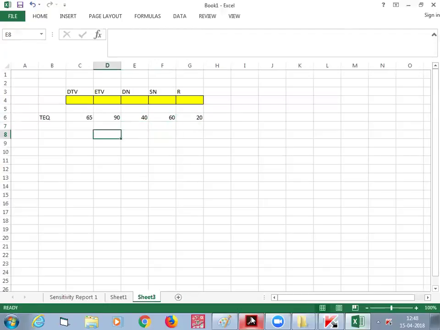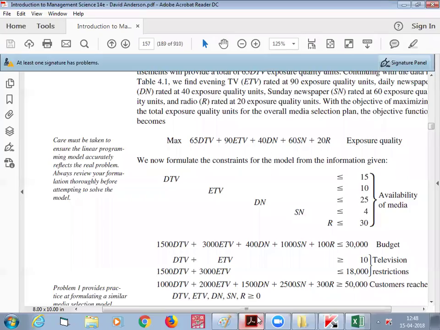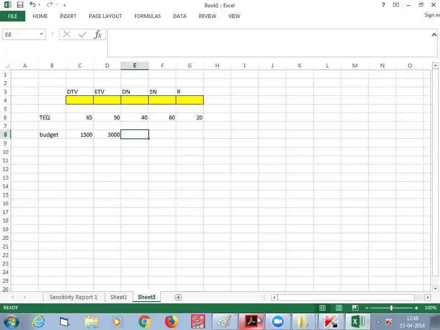All right, and first is budget: 1,500, 3,000, 400, 1,000, and 100.